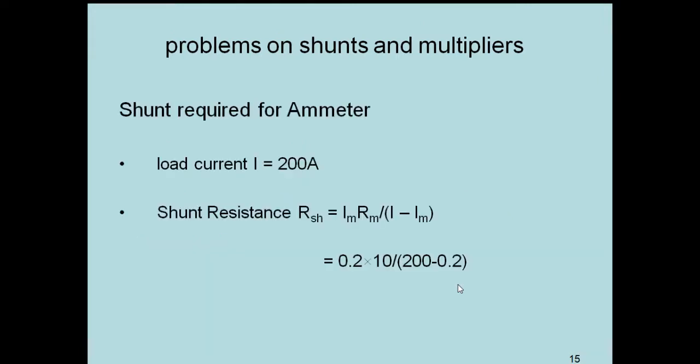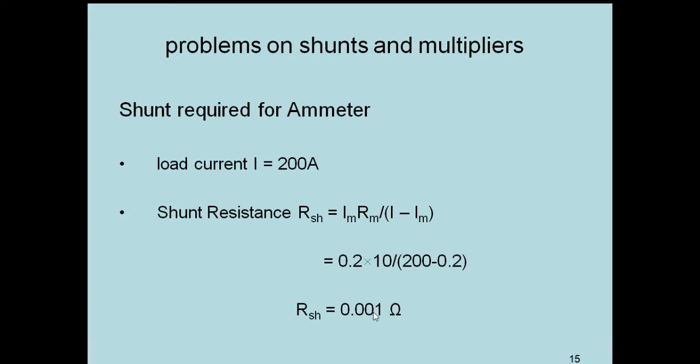And we need to calculate the shunt resistance. Shunt resistance will be given as RSH equal to Im Rm by (I minus Im). Im is the meter current, Rm is the meter resistance. The load current is 200 amperes and the meter current is 0.02. From that we can calculate RSH as 0.001 ohms.